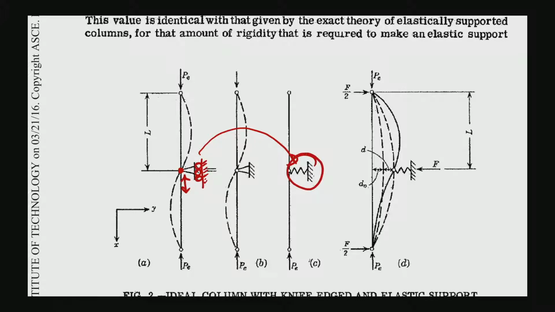So if you imagine you have the column and then something is going to lock your column against the horizontal displacement, it shouldn't be the ground. Generally the support that is very stiff has to come from the ground, from the foundation. But something at the mid height of the column wouldn't be a real support.